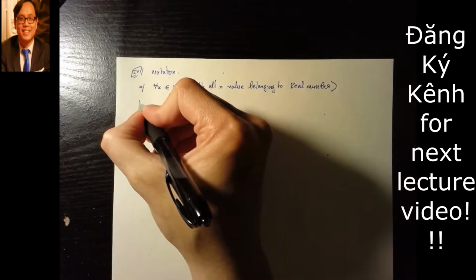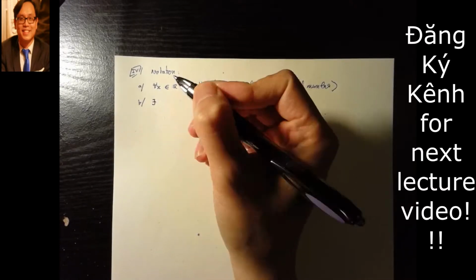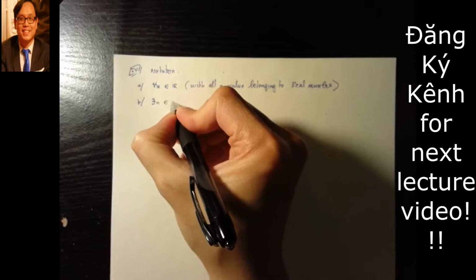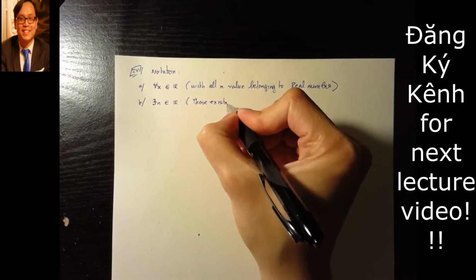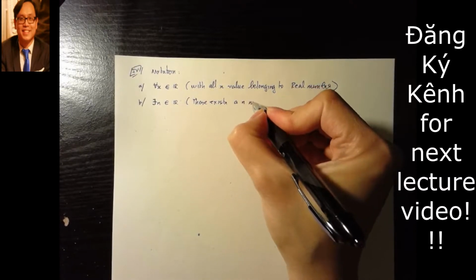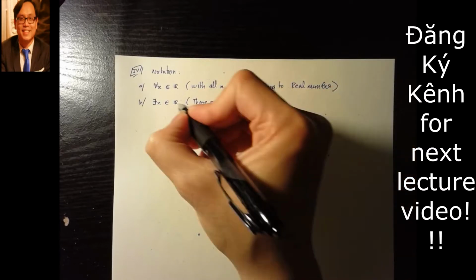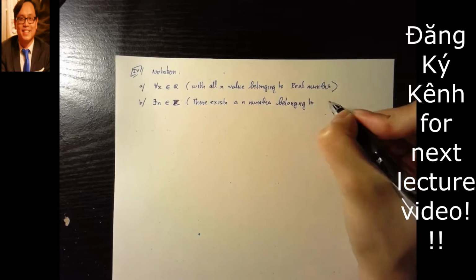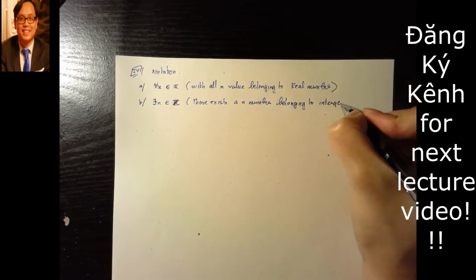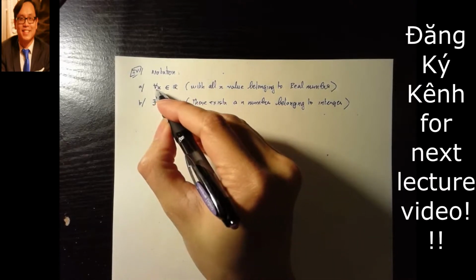And the second one is a reverse of the letter E. This means that there exists an n belonging to the integers. So this means the existence of, and the first one means for all values of x.